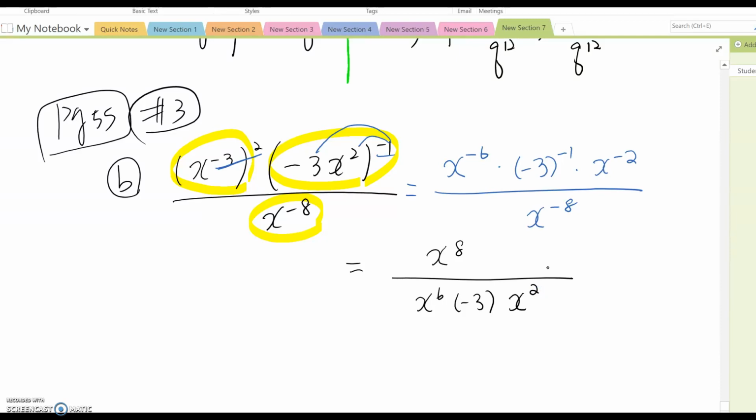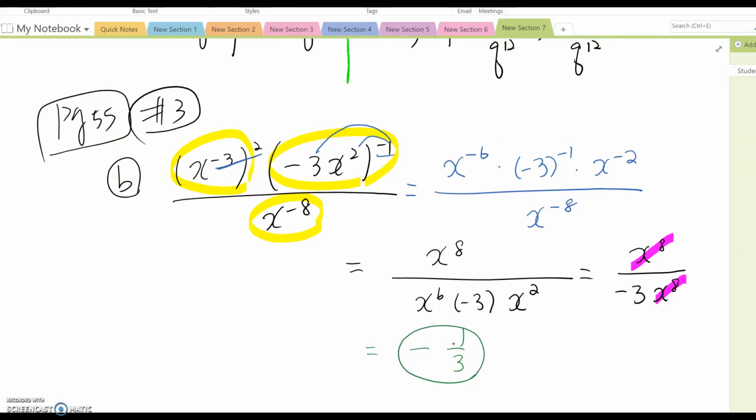Okay, so then it becomes x^8 over negative 3 x^8. So now you see x^8 and x^8, they are the same terms, so cancel them out. Then the answer becomes negative 1 over 3. That should be the answer for number 3, letter B.